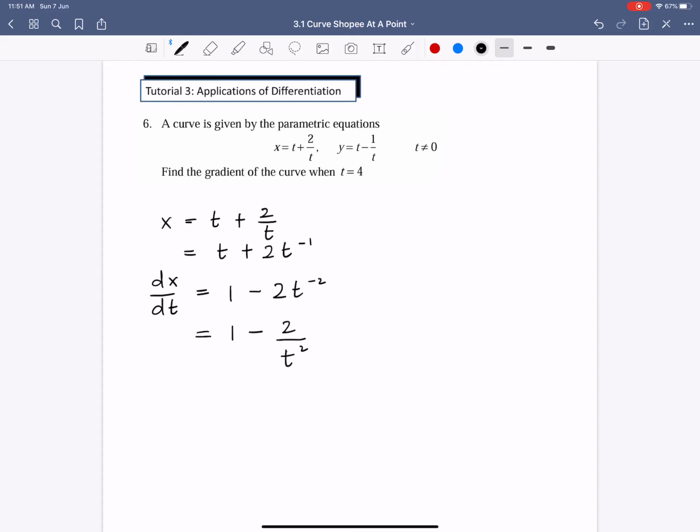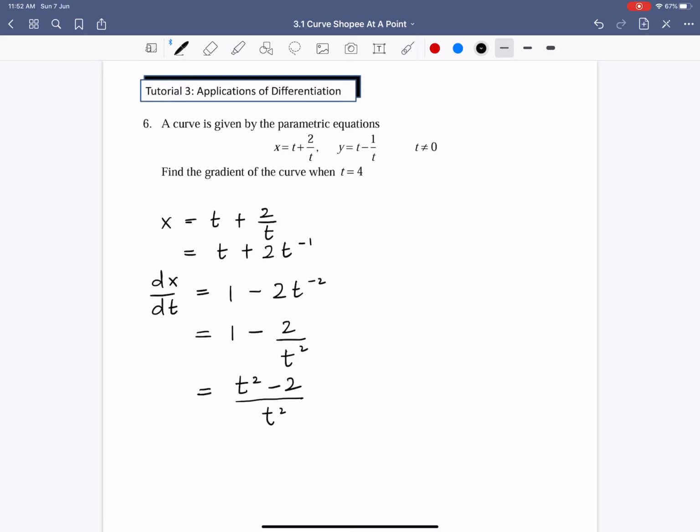I want to rewrite this because later I know that I will use something like chain rule. So this can be rewritten as t square over t square minus 2 over t square, because t square over t square is equal to 1.